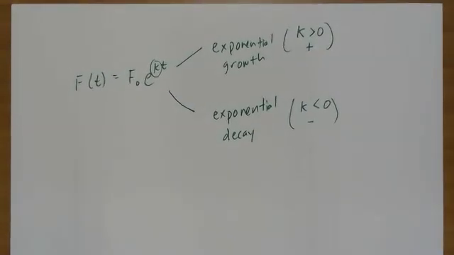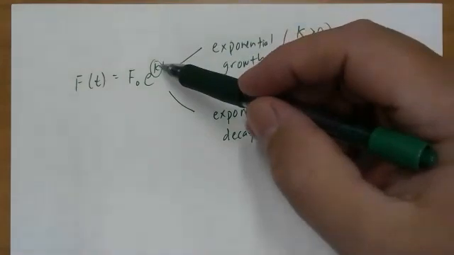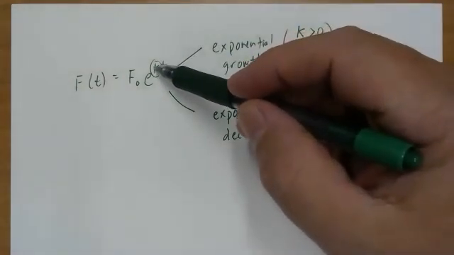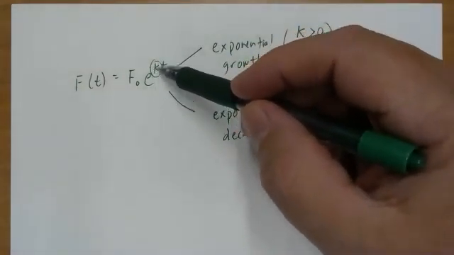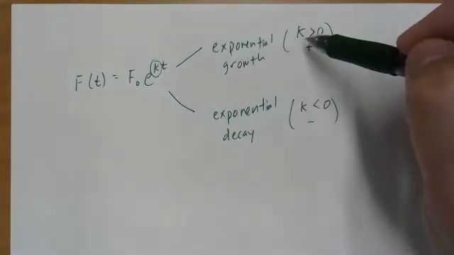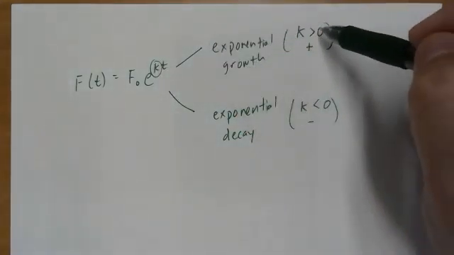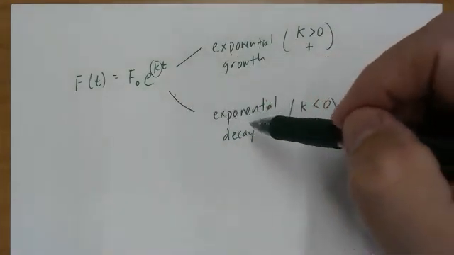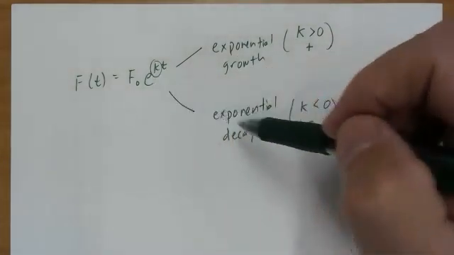It's getting smaller. So we're going to work both kinds of problems, and it's very, very easy to tell. You just look at the number in front of the T up here in the exponent. If it's a positive number, we know it's growing. That's an exponential growth. If it's a negative number, it's a decay.